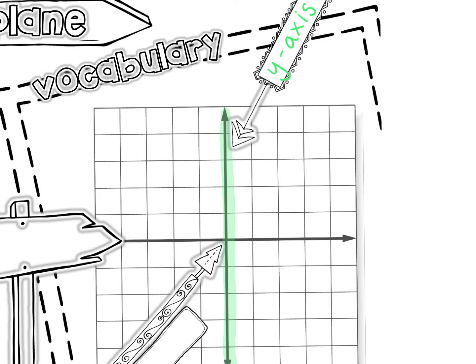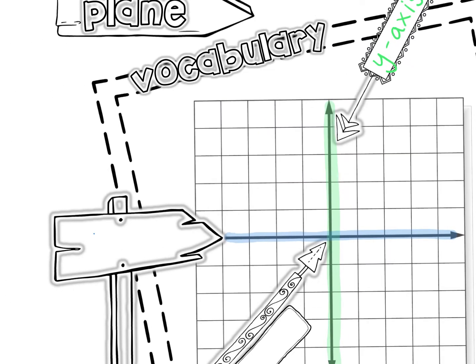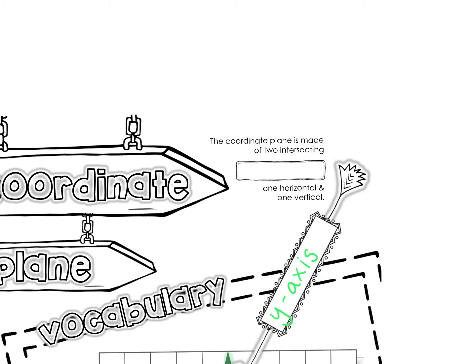Pick a different color and highlight that line and write that this is called the x-axis. And together, when they cross, they create the coordinate plane, and they're actually just number lines. So please write that down in the top right-hand box.